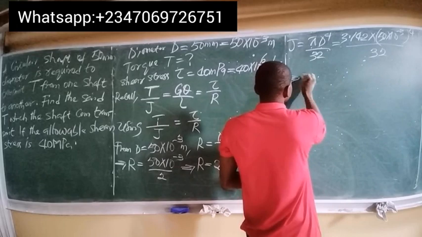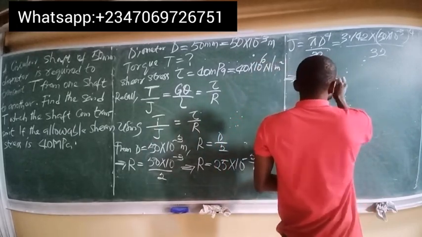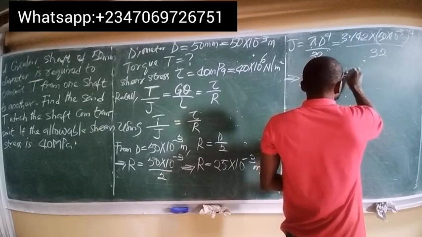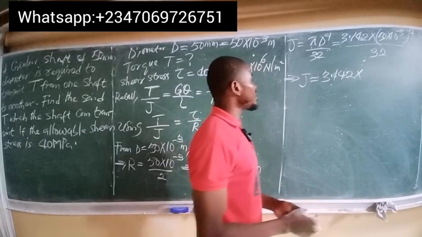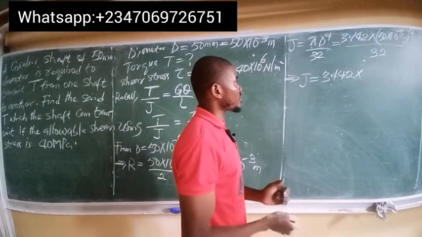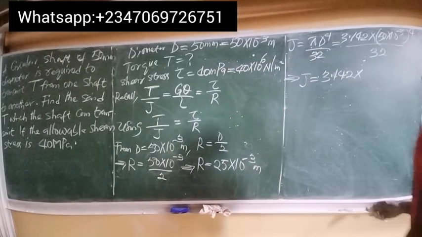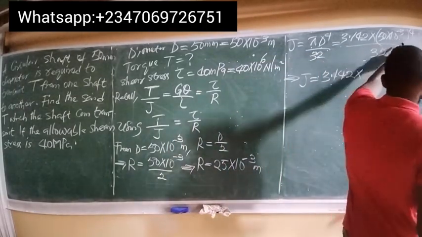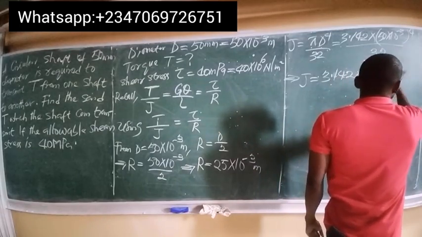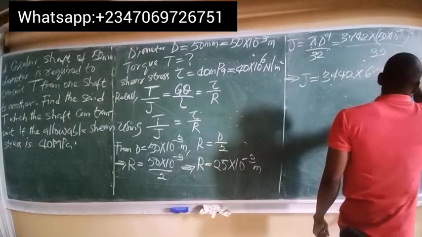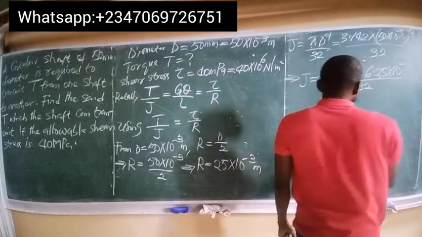So 50 by 10 to the power of minus 3 to the power of 4 gave us 6.25 times 10 to the power of minus 6, all over 32.